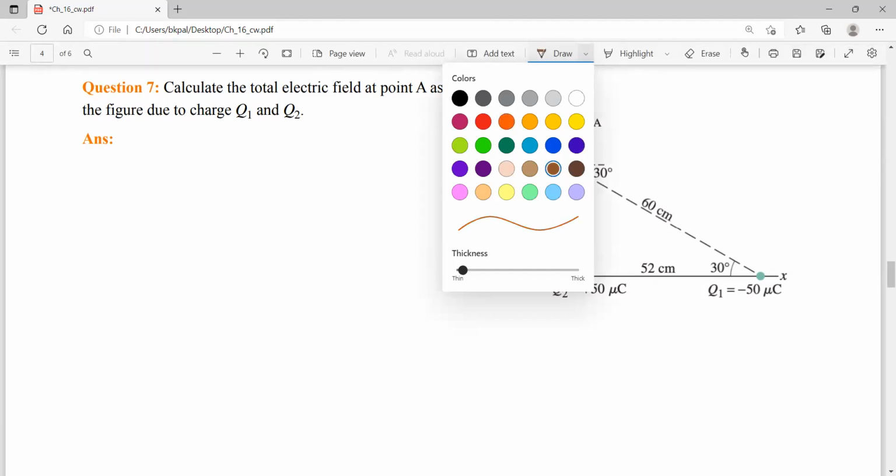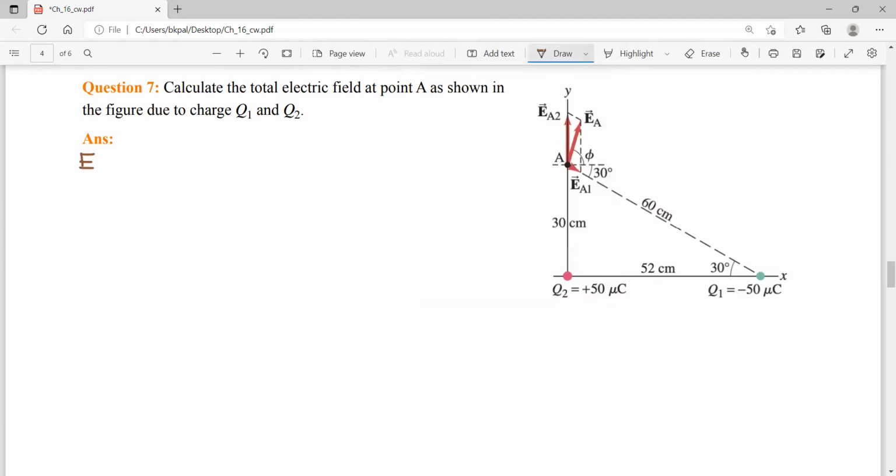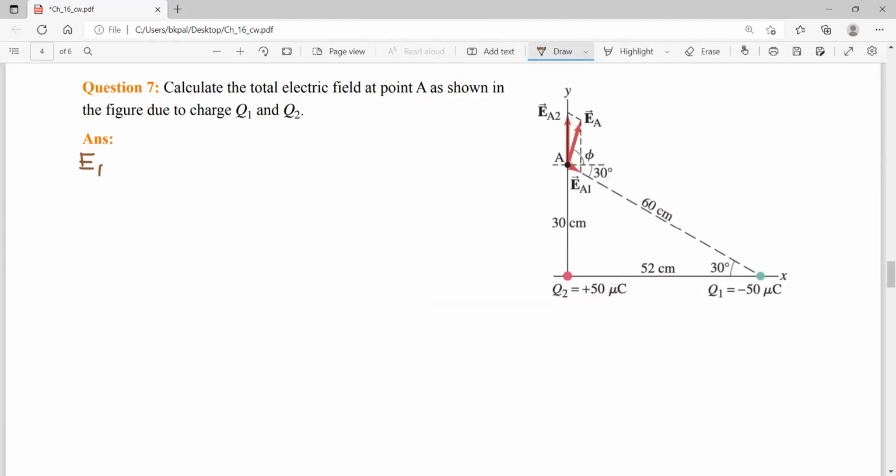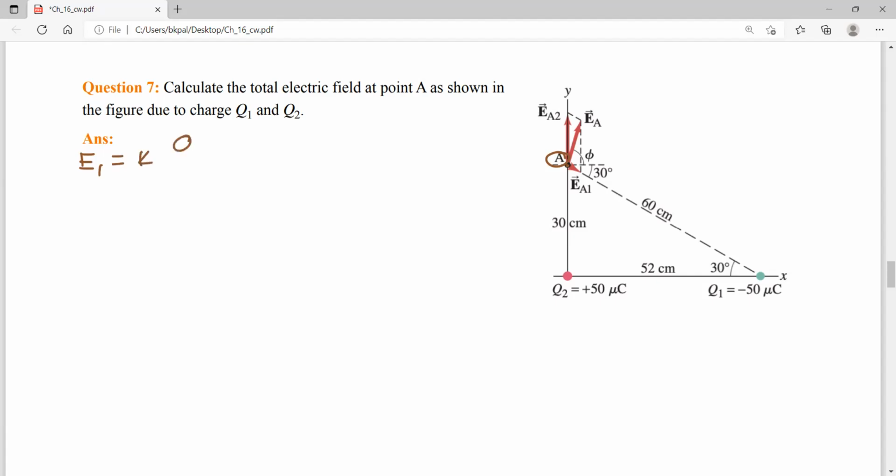So first let's try to calculate E1. Okay, so here we have to calculate the electric field at point A. So A is this point. So first let's calculate the electric field due to the charge Q1 and then Q2. So E1 will be K Q1 over R1 square, and R1 is this. Okay, so the separation between A and Q1. Again, don't use the sign for charges.